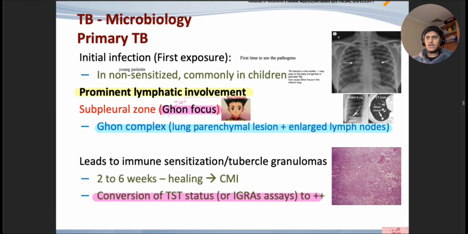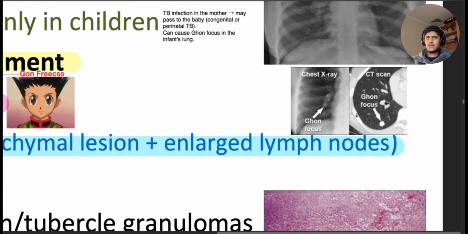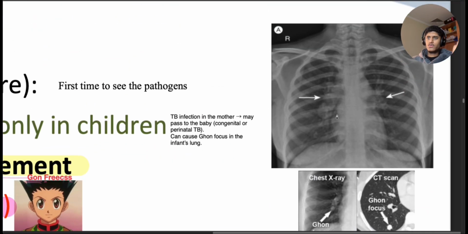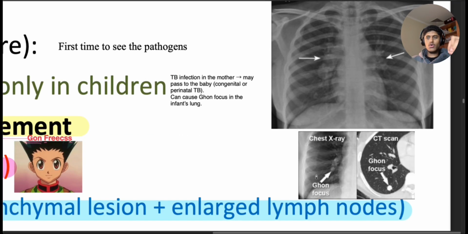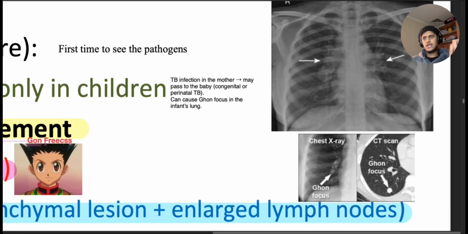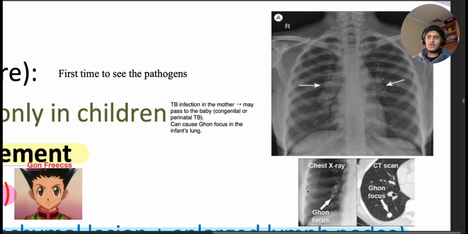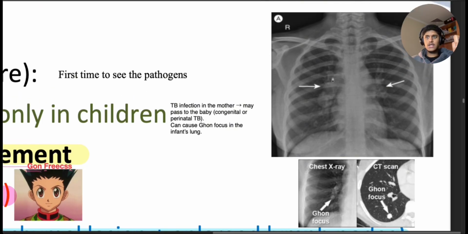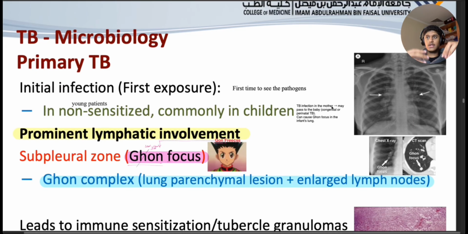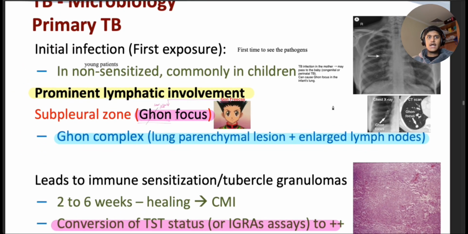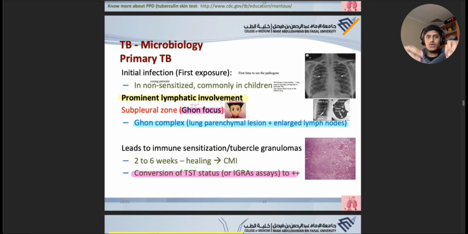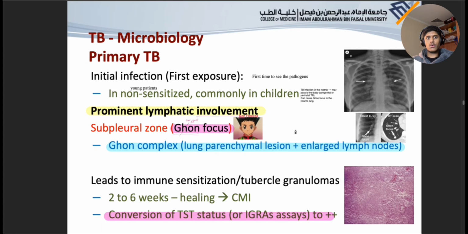And we can see here within the chest X-ray how TB itself can cause Ghon focus areas within CT scans and chest X-rays, especially here in the mediastinum area in the middle of the chest. And it really shows how prominently the lymphatic system is involved.